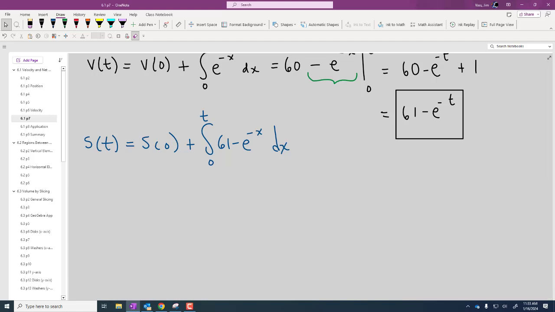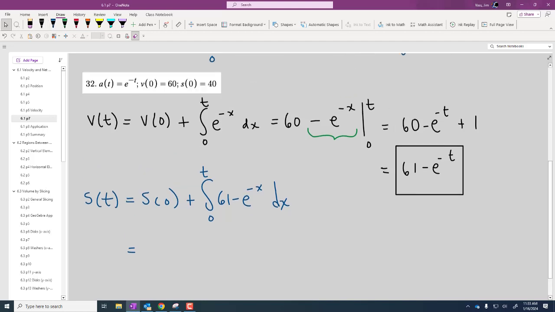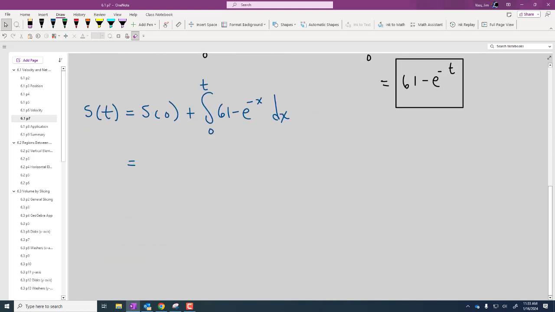So does that all look good for general position, future position? Initial plus change. So s of 0 is given to be 40. So we're going to have 40, and now let's see if we can integrate. Okay, 61x, and then minus the integral of an exponential is itself divided by the derivative of the exponent. So it's going to make it plus e to the negative x, from 0 to t.